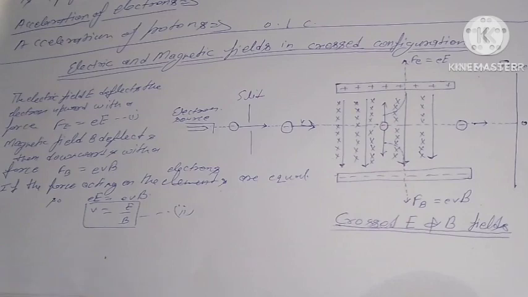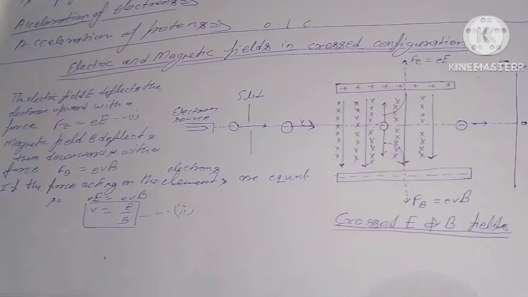By knowing the value of electric field and magnetic field, the velocity of electrons and hence their kinetic energy can be determined. In 1897, J.J. Thomson used this method for the determination of electron beam velocity.